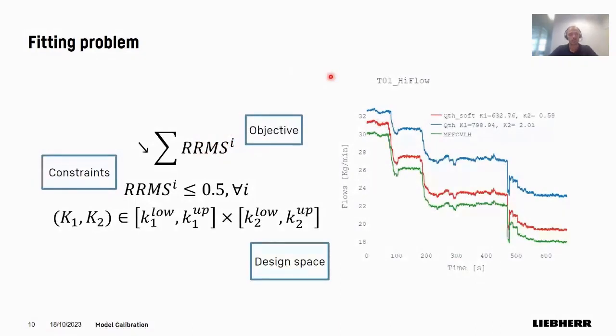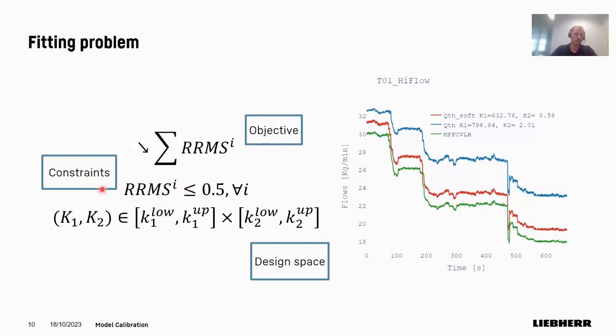I don't remember exactly, but I guess we have like 20 or 25 RRMS, and naturally we want to minimize the sum of all these errors. This is our objective.